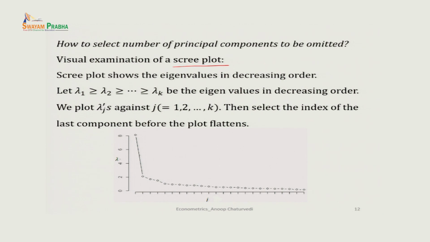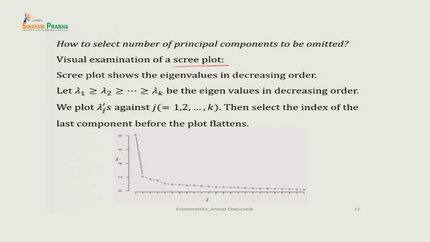The first eigenvalue is the largest one, then you have the second largest eigenvalue, third largest, and so on. We assume that lambda 1 is greater than or equal to lambda 2, and so on, greater than or equal to lambda k. Without loss of generality, you can assume that the eigenvalues are in decreasing order.